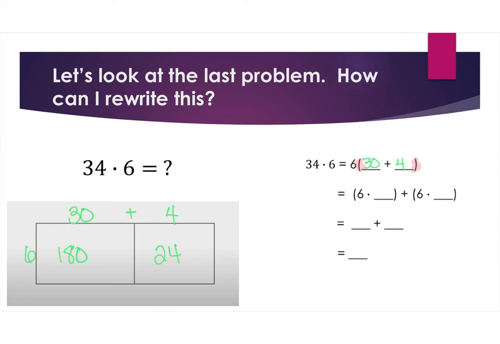Now, if we break that down into what we actually did, we took 6 times 30 separately and 6 times 4 separately. 6 times 30 equals 180, and 6 times 4 equals 24. And then we added those to get 204.